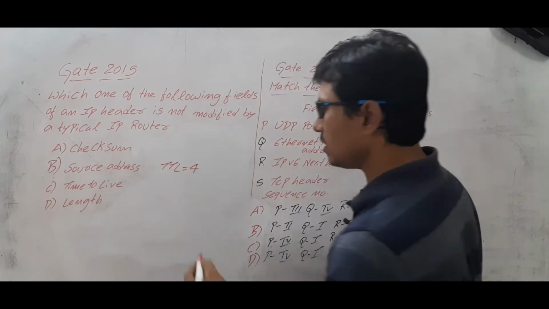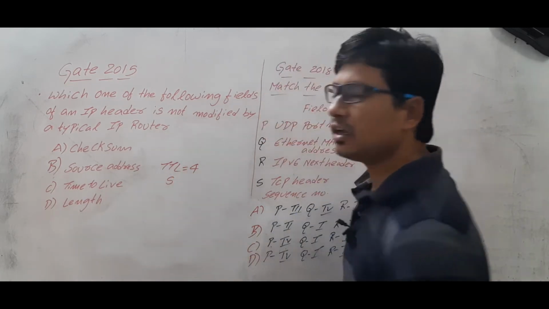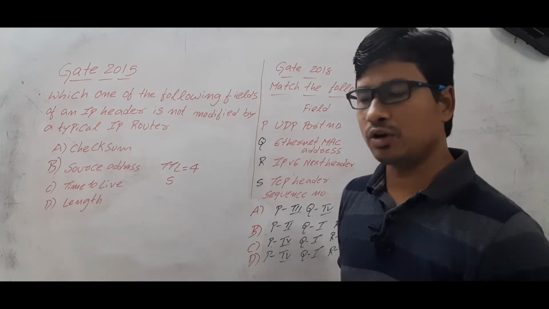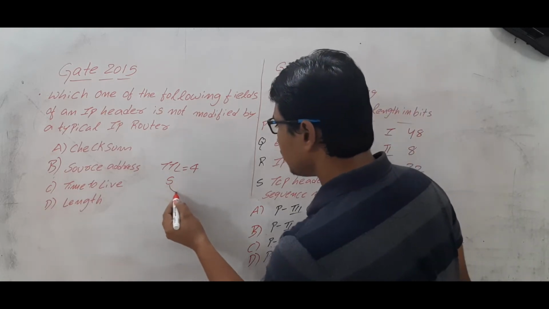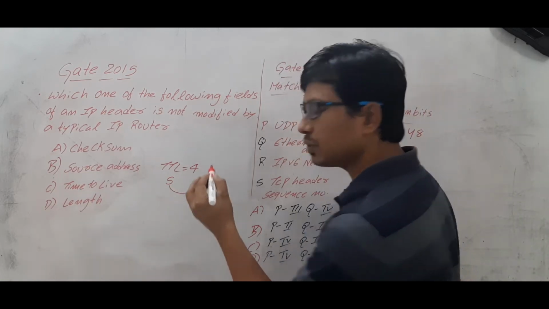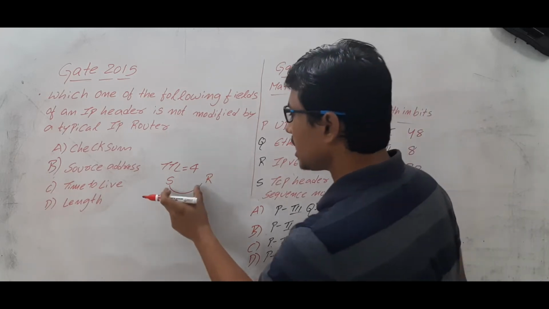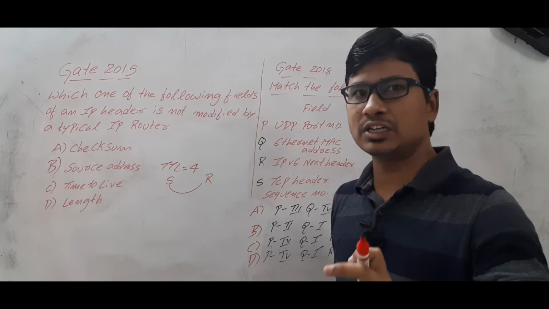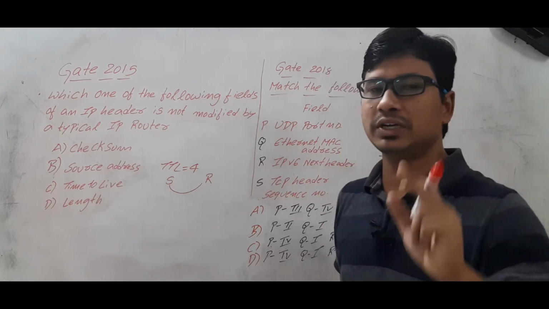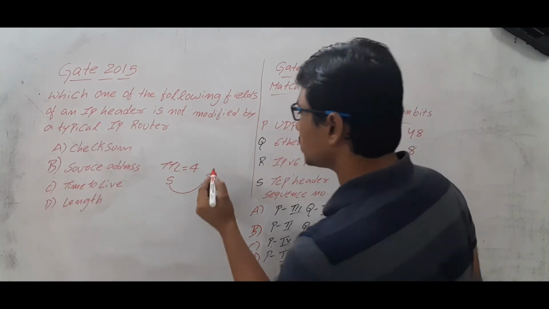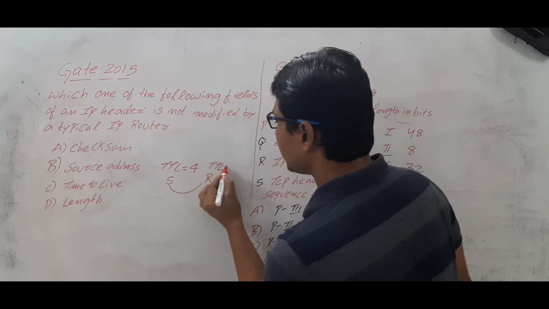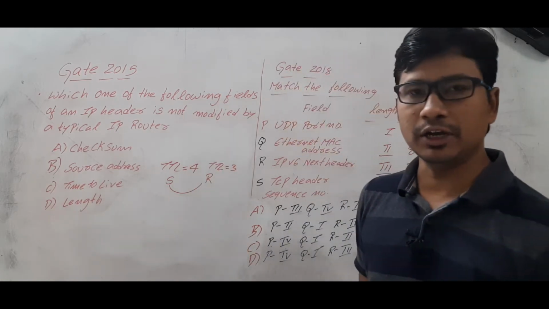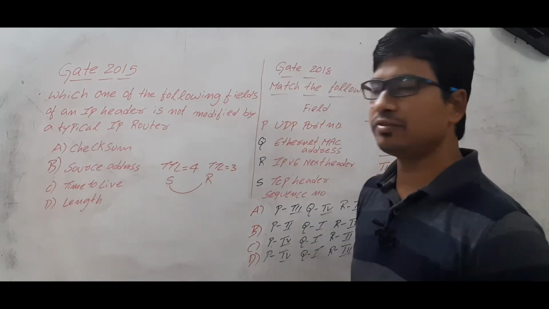The source has kept the time to live value equal to 4 hops, and the source has forwarded this packet to the next router. So the packet has traveled one hop, from one hop to another hop. So the TTL value will be reduced by 1 and modified to 3.